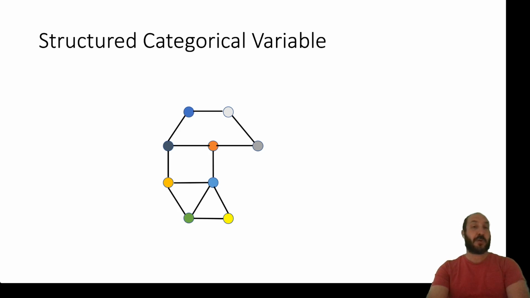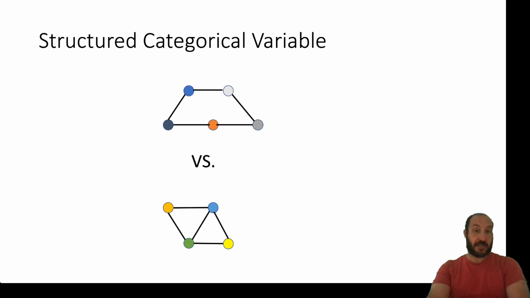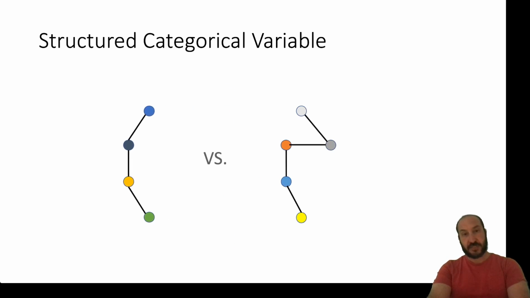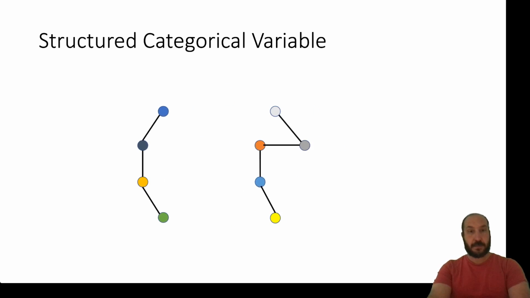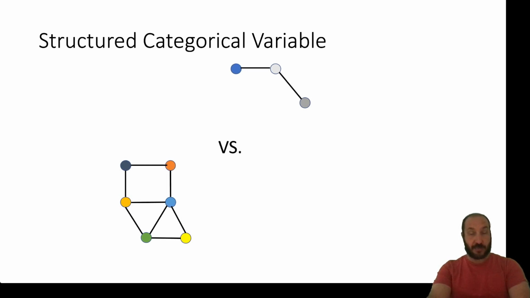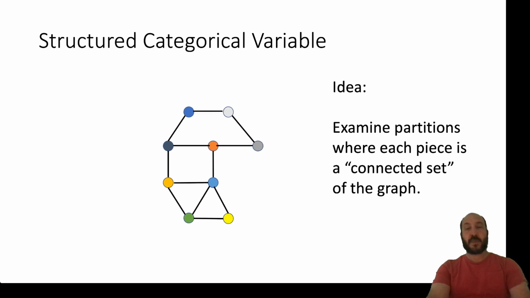We might want to explore splits, for example, of the northern counties versus the southern counties, or the coastal counties versus the inland counties, or even perhaps the wine-producing counties versus the non-wine-producing counties. So the idea is we'd want to examine partitions where each piece is a connected set of the graph.